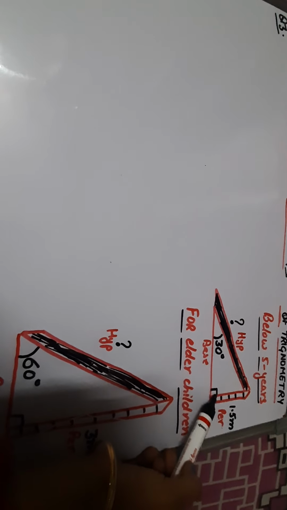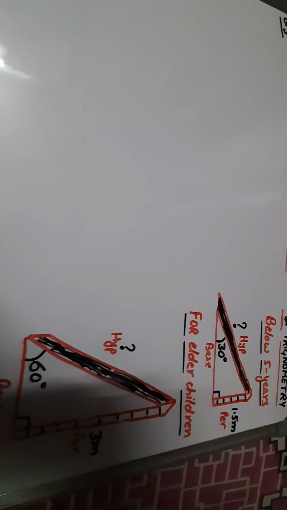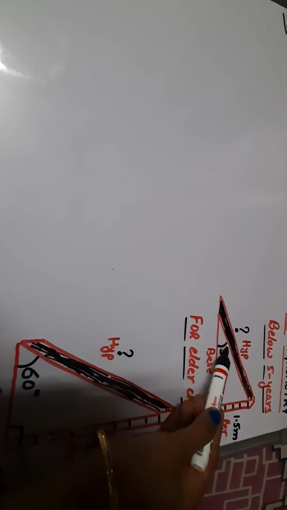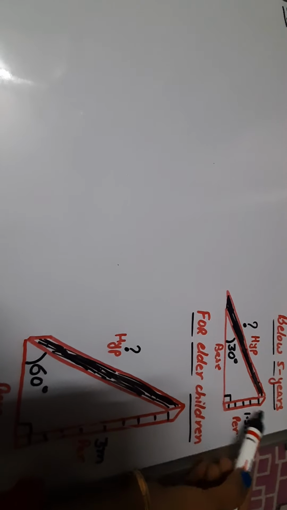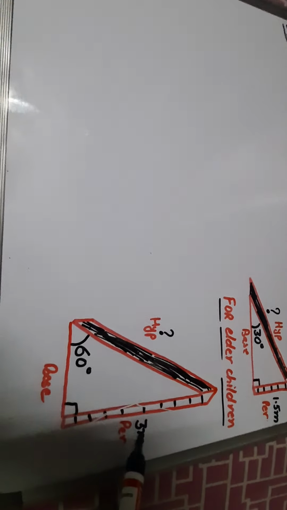That means in both of the cases we need to find out the hypotenuse, as it is opposite to 90 degree, and opposite to the angle the length is given to us, so this is the perpendicular, this is the height of the slide. Here also this is perpendicular, so we need to apply the ratio which involves perpendicular and hypotenuse.